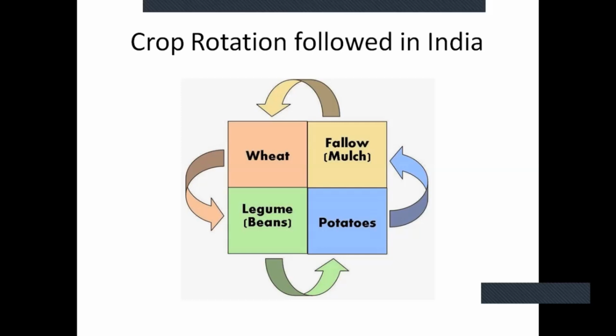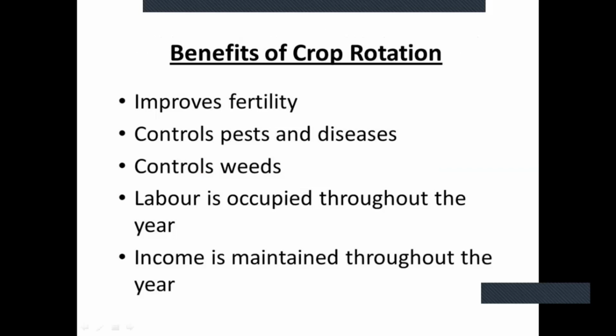So the soil will get time to replenish with all the nutrients. Mulching is done, which means whatever weeds and plants are grown in the field are plowed in, and then decomposition of those plants happens in the field, which will increase the nutrients in the soil. So this is how crop rotation is done in India.